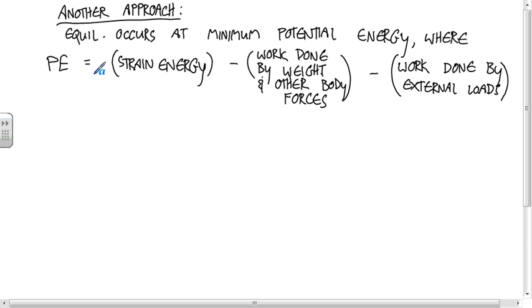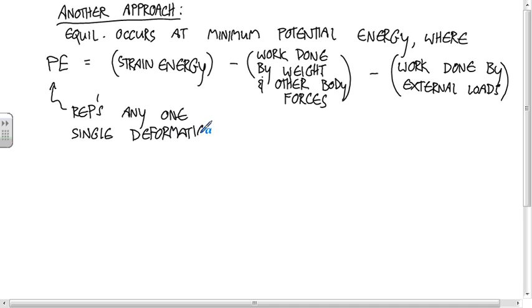So this potential energy represents any one single deformation of the body. And the minimum of all those is the one that actually occurs.